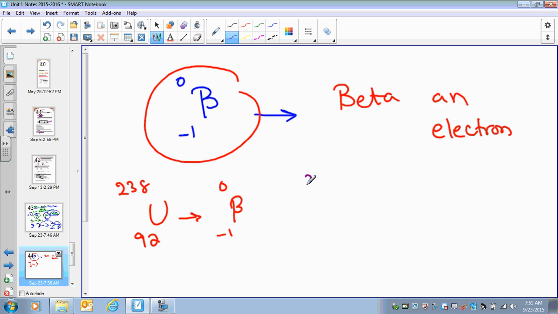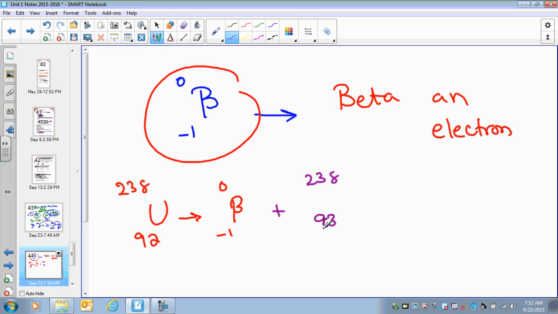The mass will stay the same, but the atomic number changes. It has given out an electron, so the atomic number will go up. The number of protons is increased. It will become 93, because 93 minus 1 has to be 92.